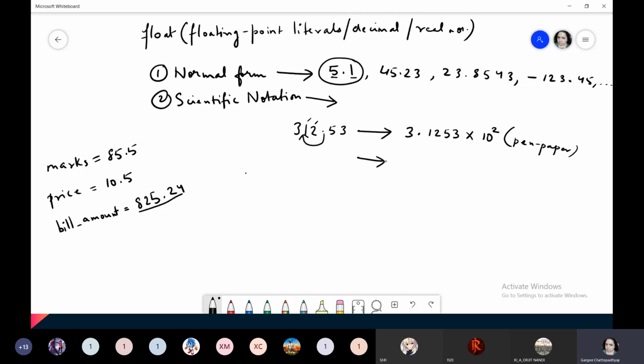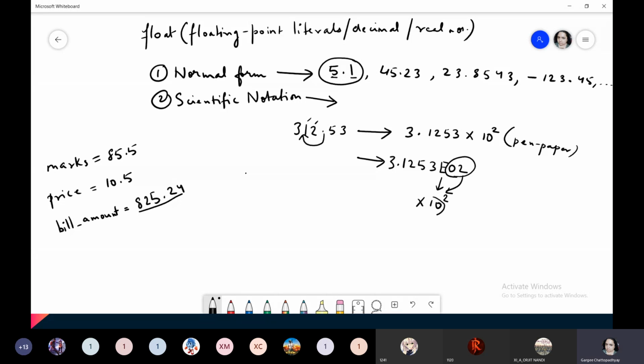But if you have to write it using any Python editor, that is, you have to write it in terms of a Python expression, how will you write it? 3.1253, you will write a capital E or a small e, and you will write here 2, or you can write here 0 2, where this E stands for into 10 and this 2 stands for raised to the power 2.